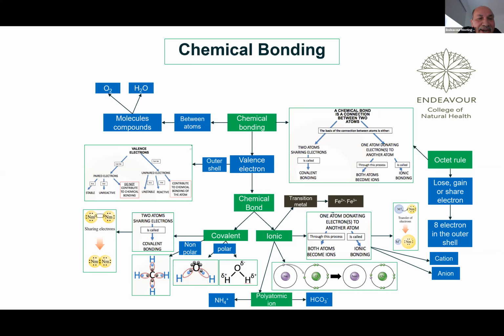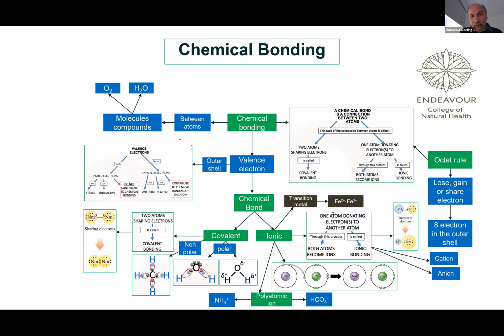If you have a paired electron, it is going to be stable, so it is not going to participate in bonding. The unpaired electron is the one which is going to contribute to the formation of bonding.